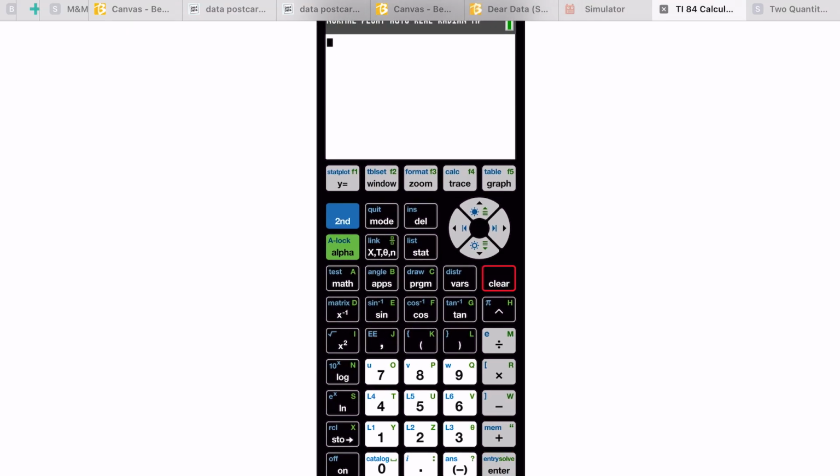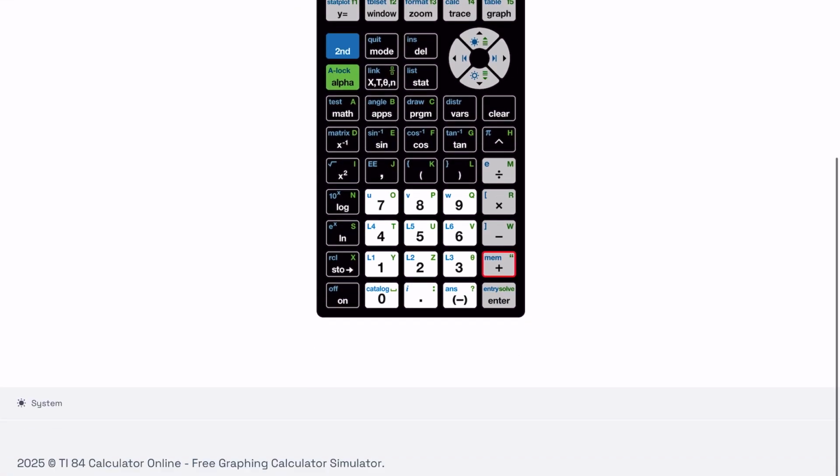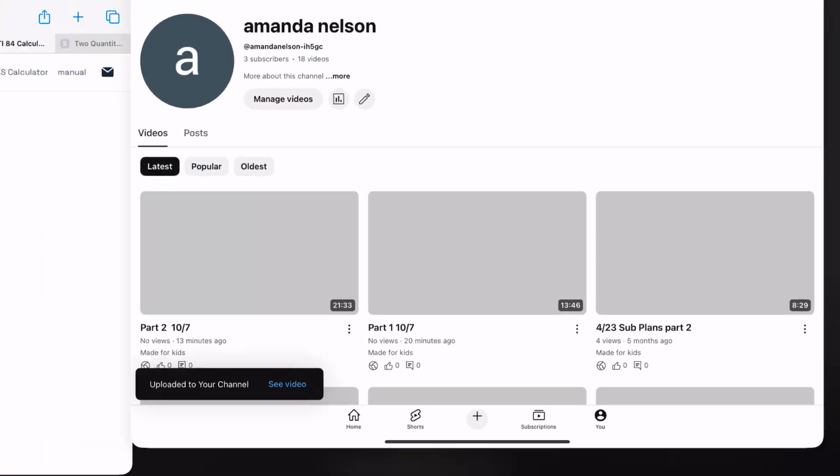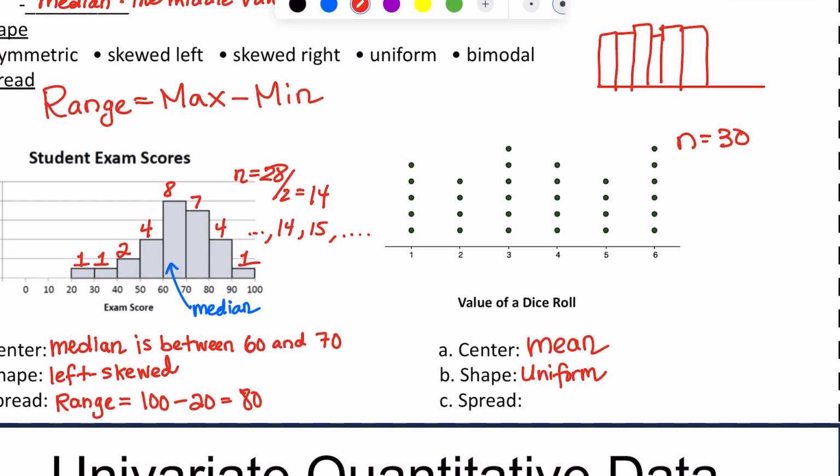Okay, there are 5 ones in the data set. So I'm going to add 1 plus 1 five times. That 1 plus 1 plus 1 plus 1 plus 1 is representing my 5 dots on 1 here. I'm a very lazy mathematician and I don't want to enter in 30 numbers.